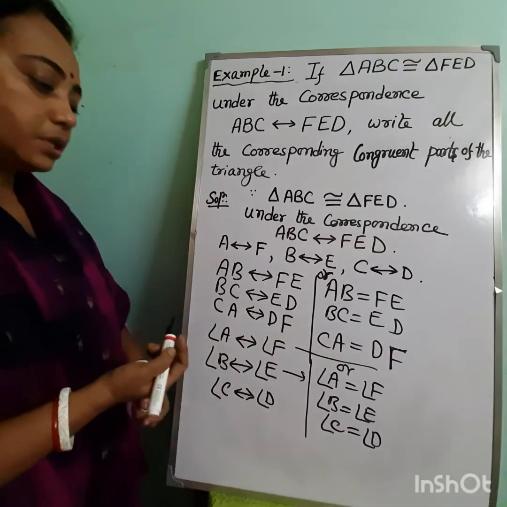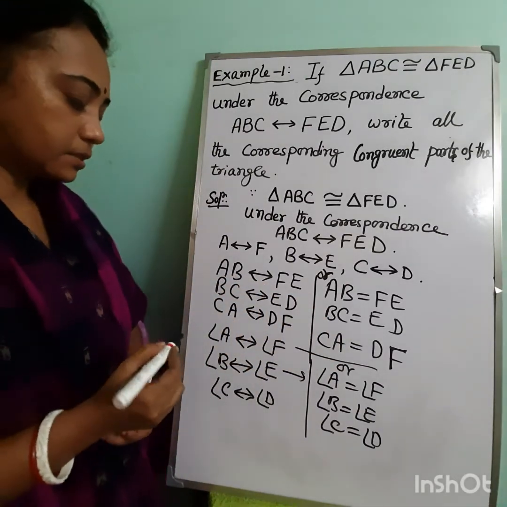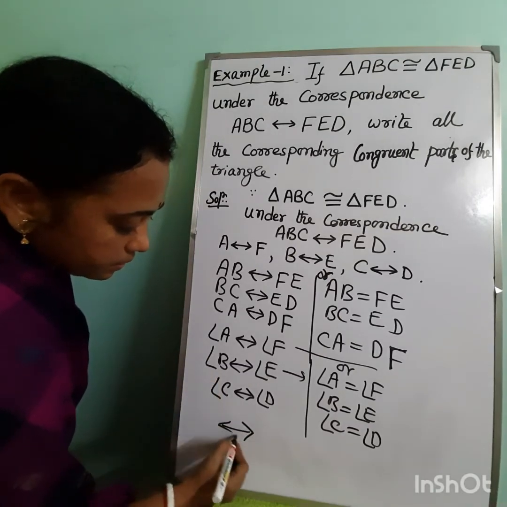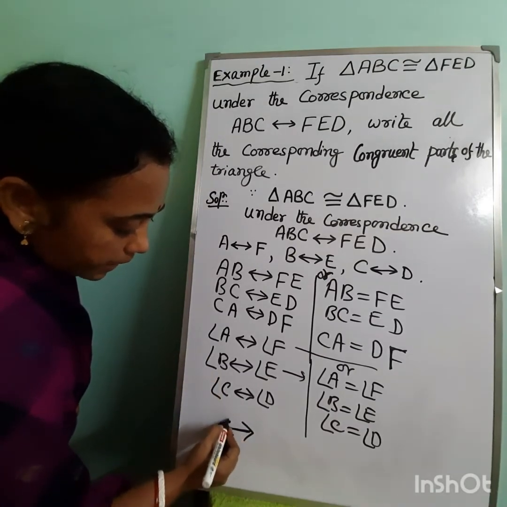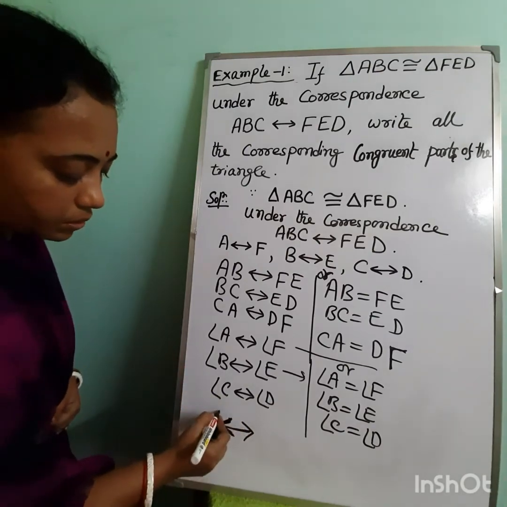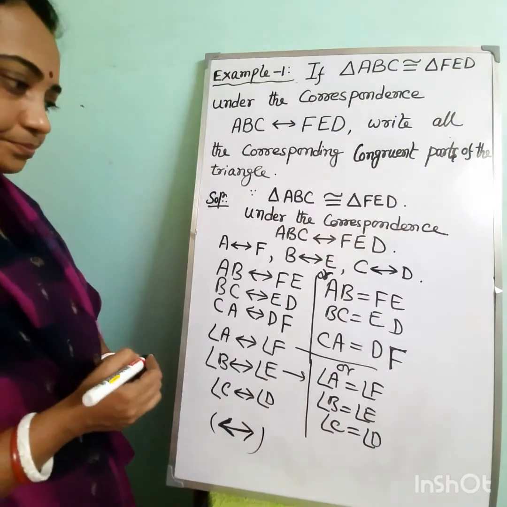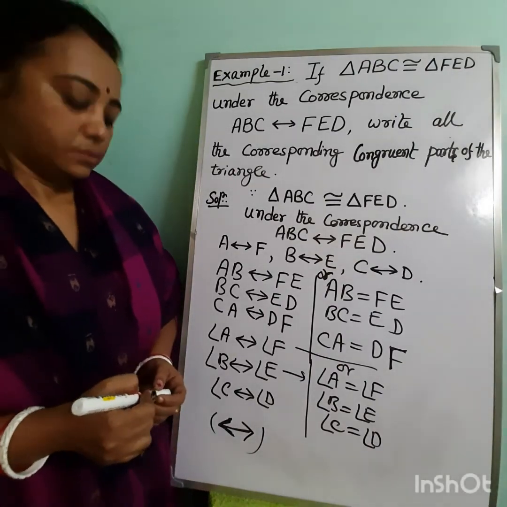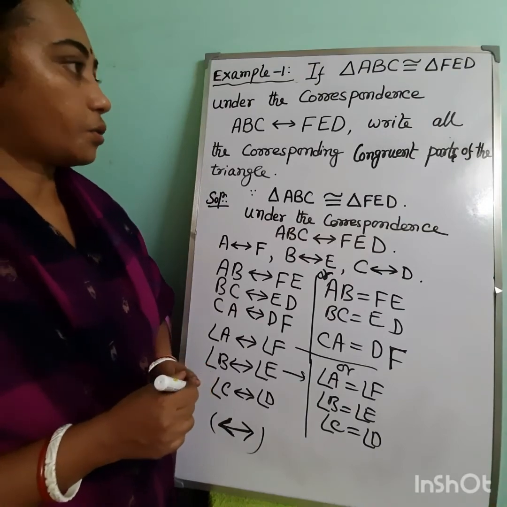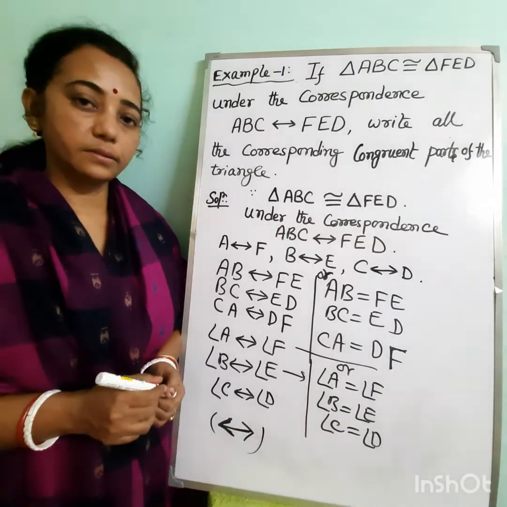Since the congruent parts can be denoted by this symbol, which is also named as corresponds to or matched with, here we can easily show the corresponding congruent parts of the triangles.